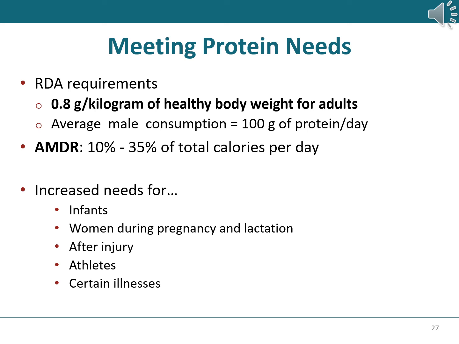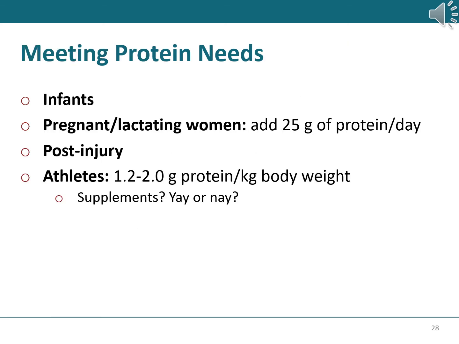I think generally it's best to go off that 0.8 grams per kilogram, or factors that we'll discuss on that next set of slides if you are active or have special lifestyle considerations or special life events going on. Needs are increased for younger kids and infants, women during pregnancy and lactation, after injury or trauma, and sometimes during illness, and also for people who are very active or athletes.